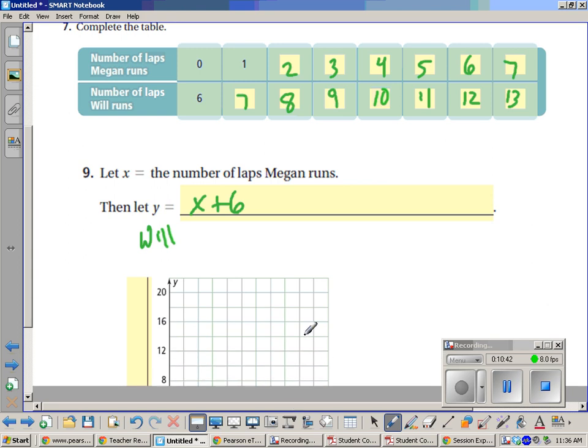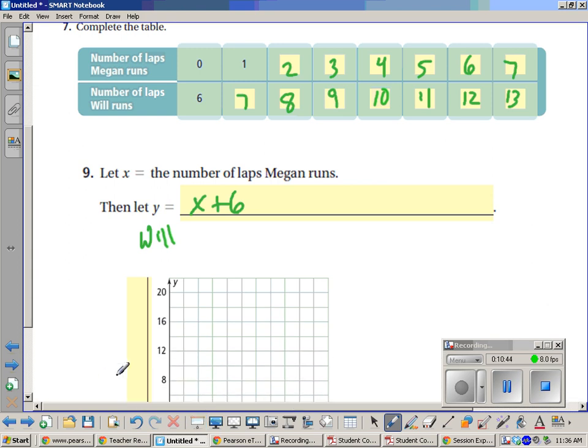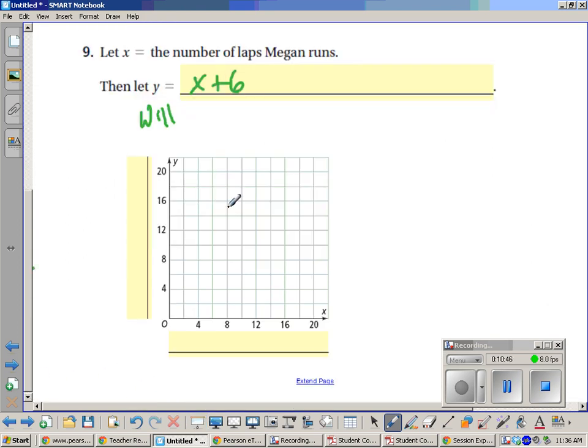And we can represent that using a graph as well. All we have to do is plot our points. So we will let Megan be down here, that's going to be the x. And we're going to let Will be here, and that's going to be the y. So each ordered pair from up above, we're just going to graph on here. So (0, 6).